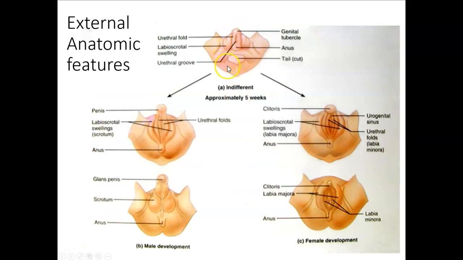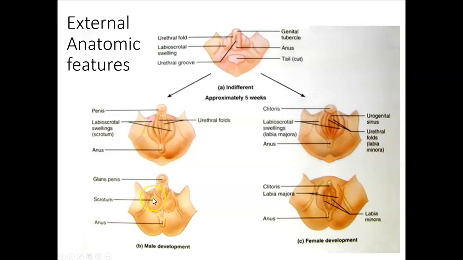So again, here we're looking at this undifferentiated genital tubercle of early 5 to 6 weeks. On the left, we have male genitalia. On the right, we have female genitalia. So this little bud here will continue to elongate, and that becomes the penis. And then these swellings found on either side, in males, will fuse together.